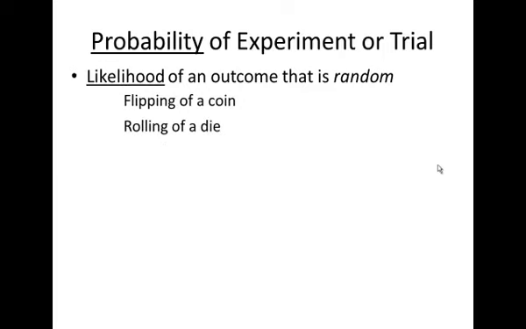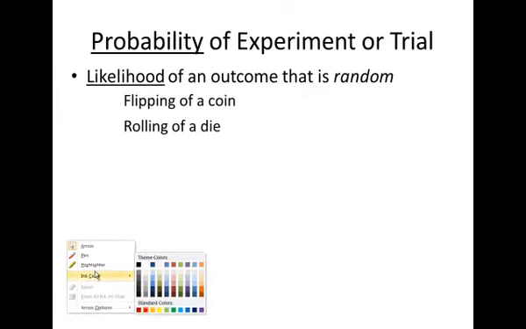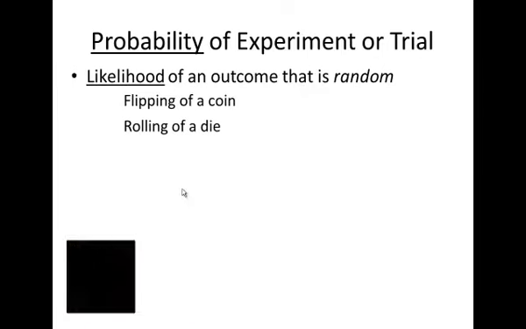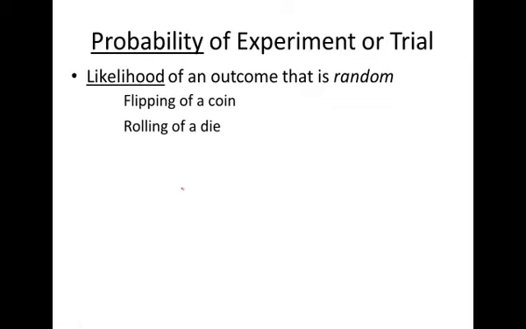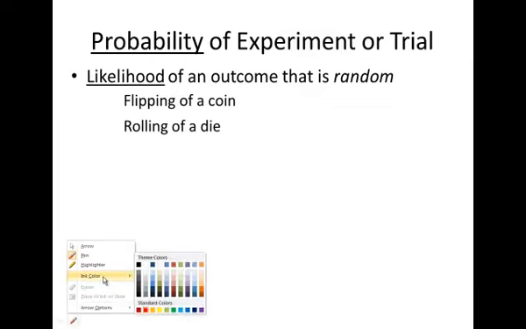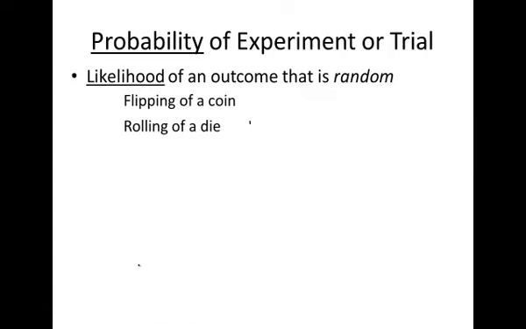So rolling of a die. Now, if you're not familiar with what we mean when we say rolling of a die, die is singular for dice. So if you've ever played any kind of a game like Monopoly or any of those games that have dice, it's a cube.